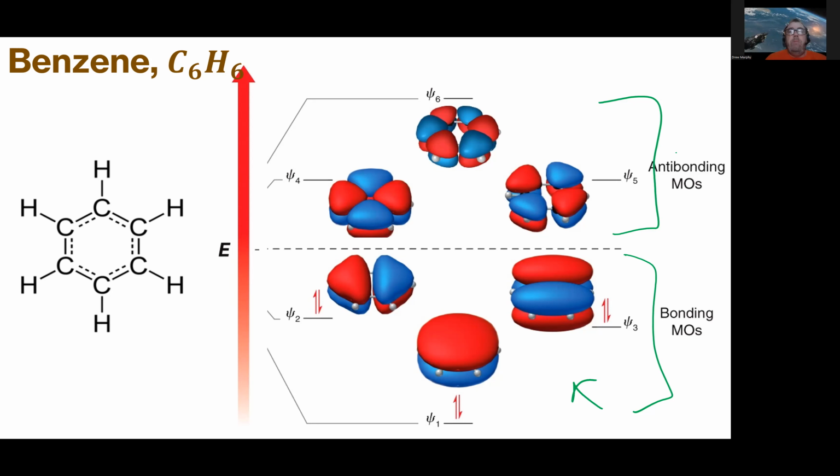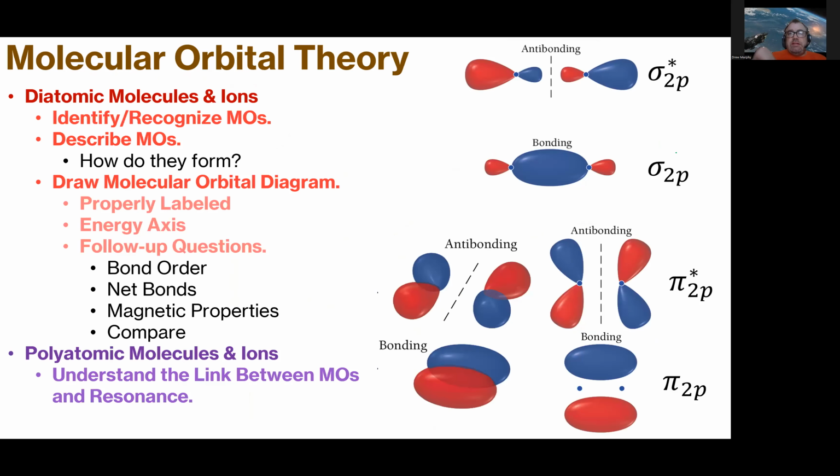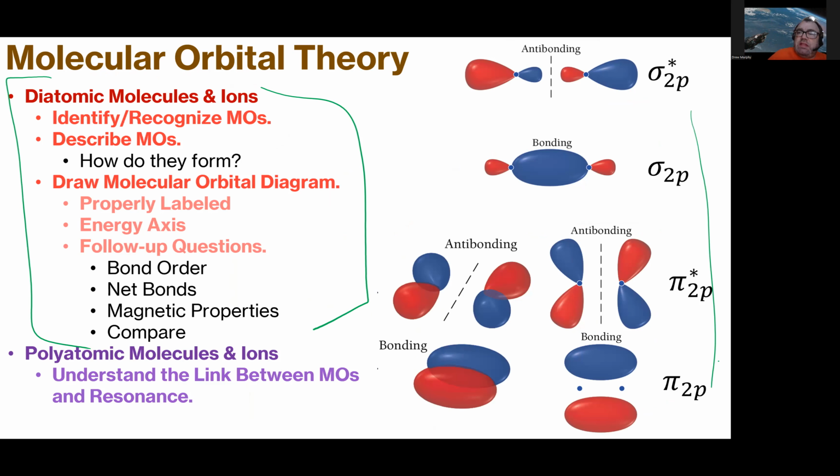All this stuff I've said before. You need to be able to do a molecular orbital diagram, describe what the molecular orbitals look like, how you make a sigma bond, how you make a pi bond, and what a sigma bond and a pi bond look like. Can you pick these out of a lineup? Can you draw a molecular orbital diagram? Make sure you have an axis that's labeled, your bonds labeled, your orbitals labeled, and do your follow-up questions.